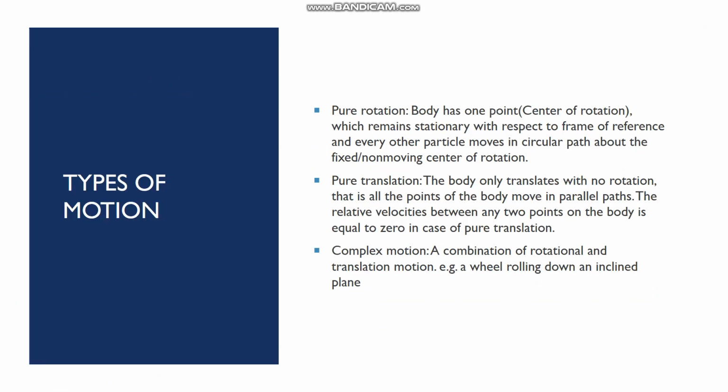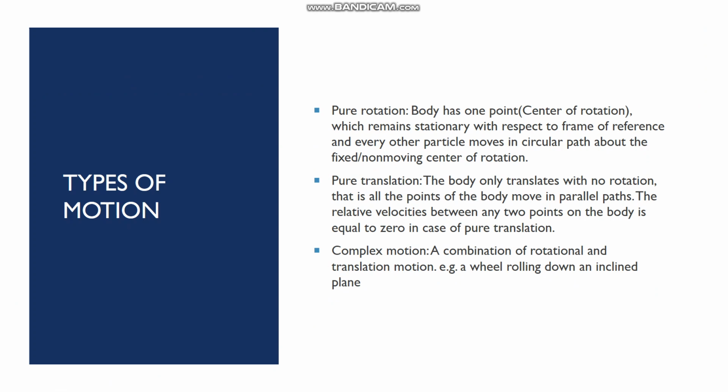Now, types of motion. There are basically 2 types of motion, but we can also say there are 3 types. One is pure rotational motion. In pure rotation, there exists a point on a body around which all the other points in the body are moving in circular paths. That point is called the center of rotation.